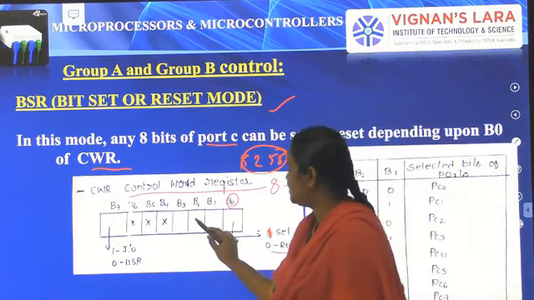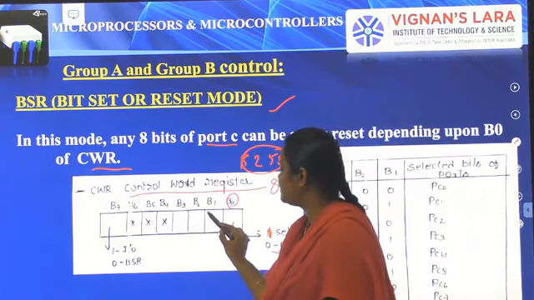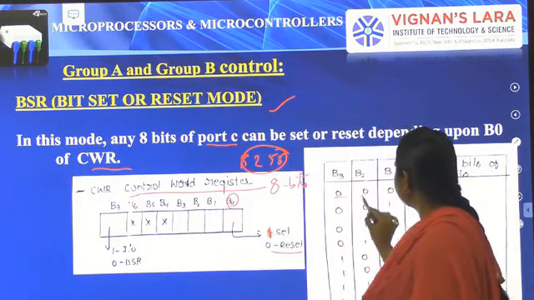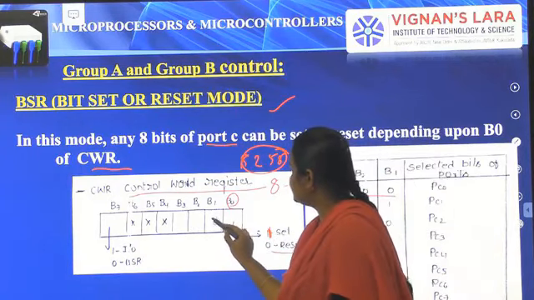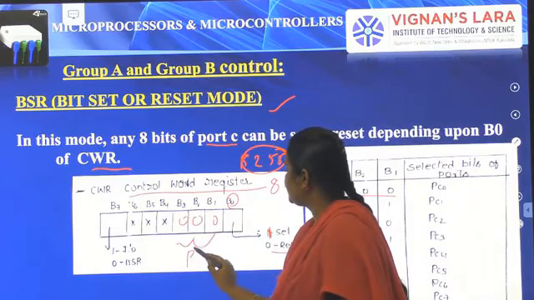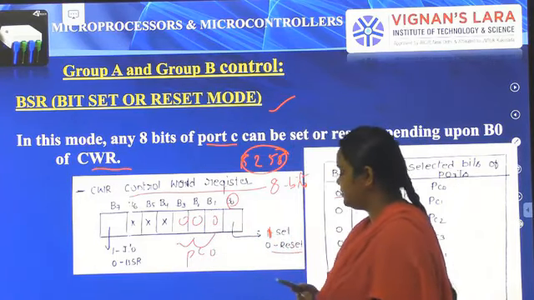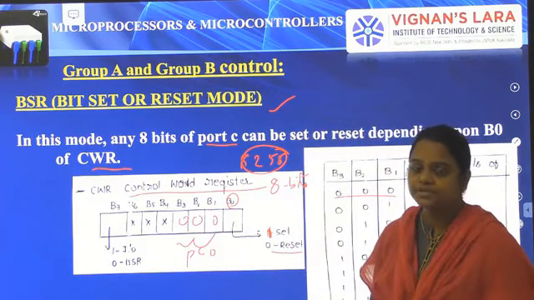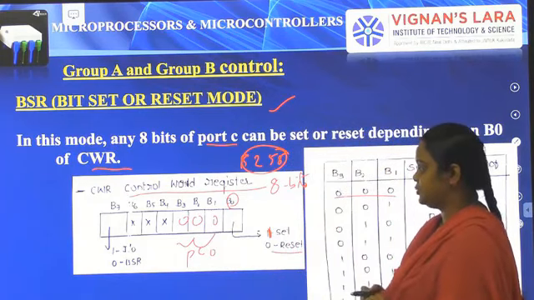B1, B2, B3 are the port C bits. Whenever B1 is 0, B2 is 0, B3 is 0, port C0 is going to transfer the information between the input and output devices and the 8086 microprocessor.